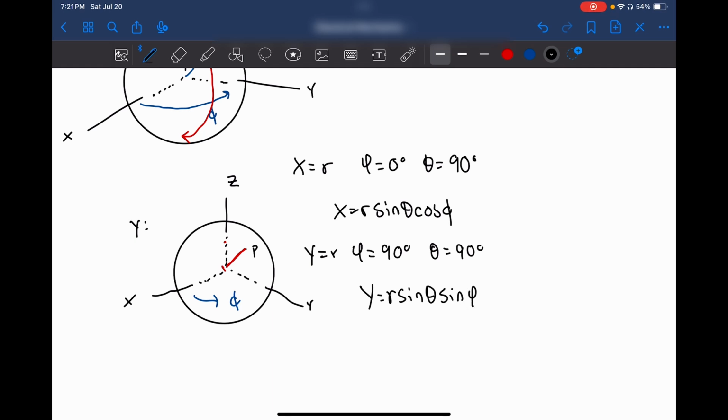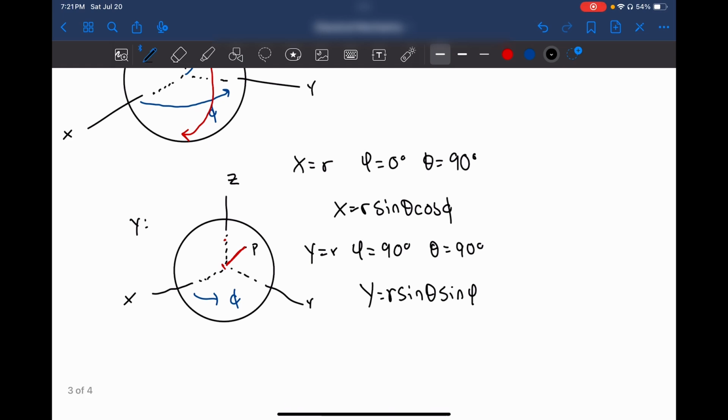Cool. Okay. Now, z is a little tricky. It's also the easier one to think about. Just a little trick here. If p were over here, for example, and their z components were the same, we can clearly see that there is no phi dependence.